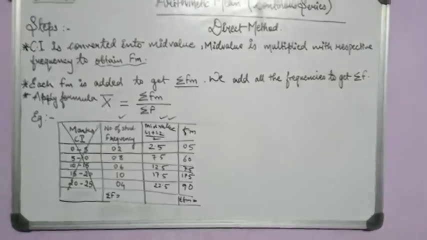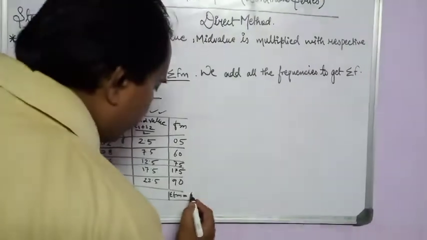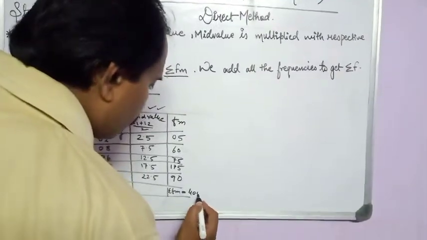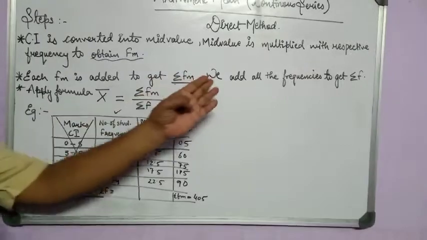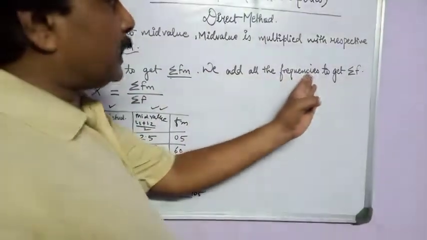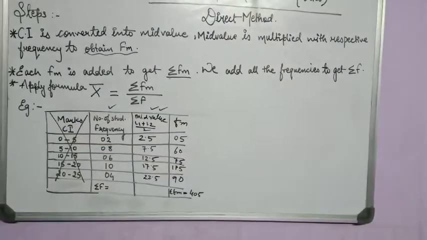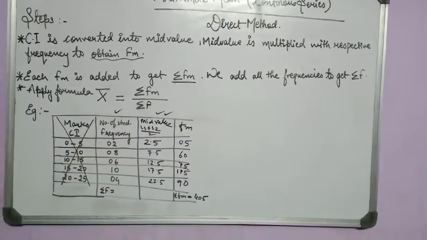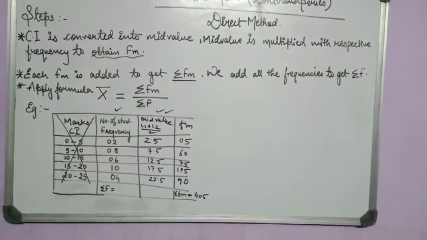So the total value will be 405. Clear? Next, we add all the frequencies to get the sum of f. The frequencies are 8 plus 2, 10, 10 plus 6, 16, 16 plus 4, 20, 20 plus 10, that is 30.